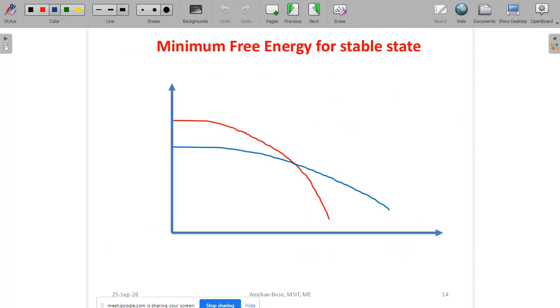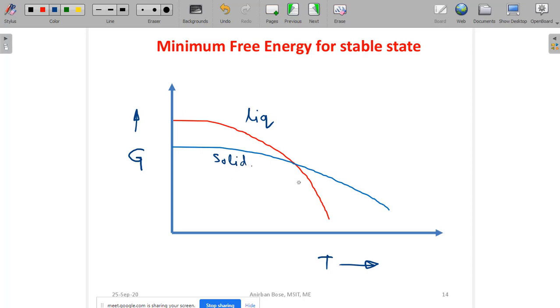Now coming to our previous problem of the heating of a solid, instead of the enthalpy or the internal energy, let us plot the free energy. Let us plot the Gibbs free energy on the y-axis and the temperature on the x-axis. This red one corresponds to the liquid, and this blue one corresponds to the solid.